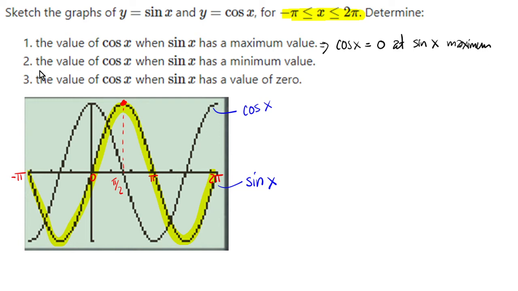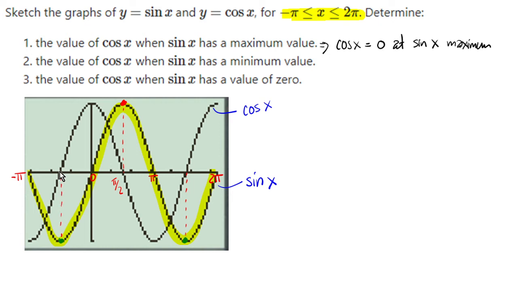In question 2, the value of cosine of x when sine of x has a minimum value. Well, sine of x has a minimum right there and right there. We can see first of all that at the minimum, cosine of x is going to be 0.